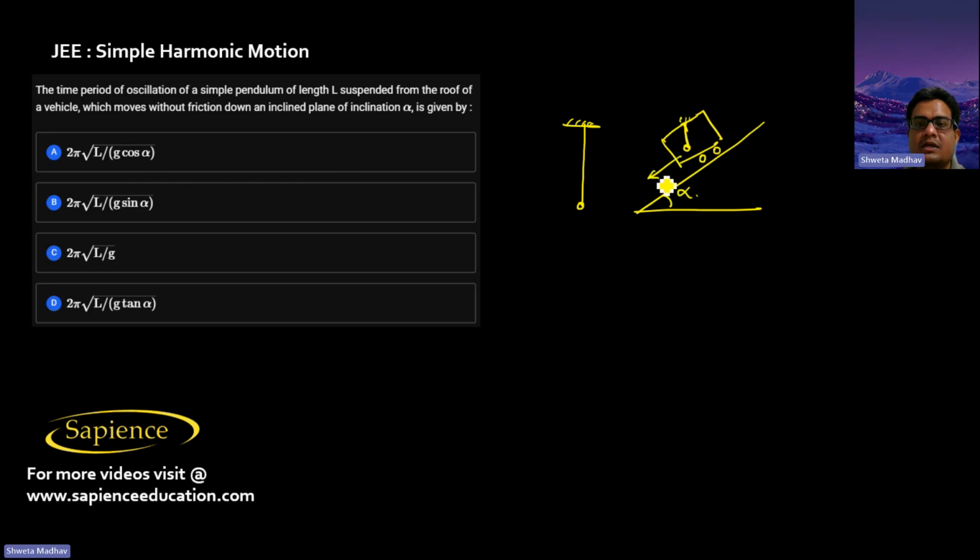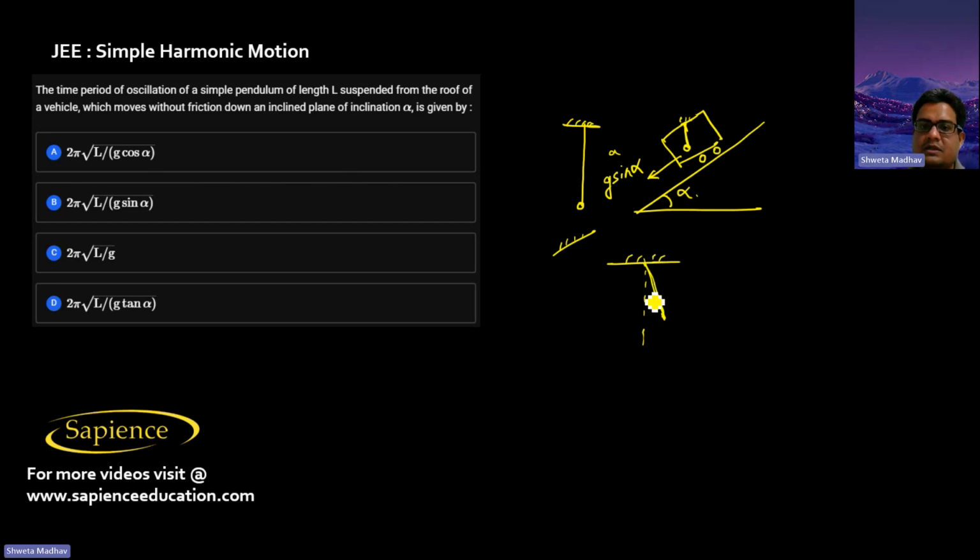Now here the acceleration will be g sine alpha, since it moves without friction, so friction is not there. Therefore the bob of mass m on the roof will have an inclination theta at equilibrium.